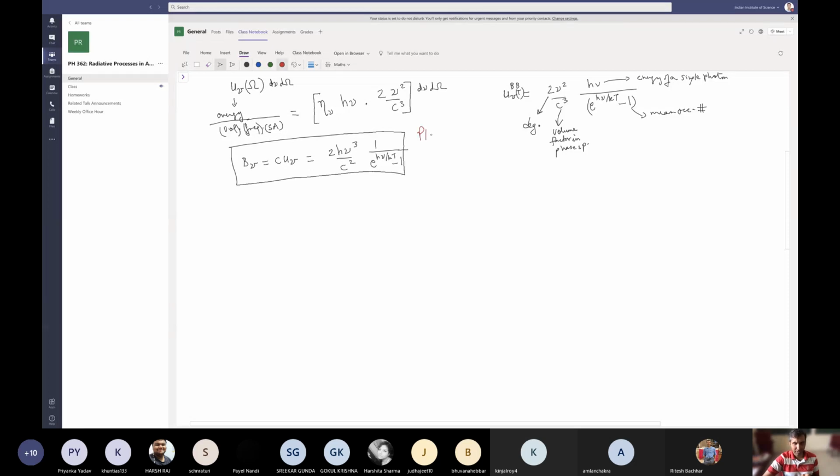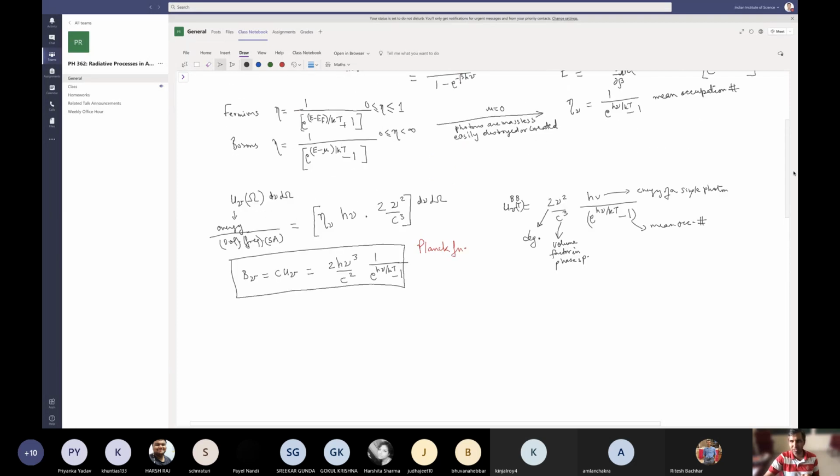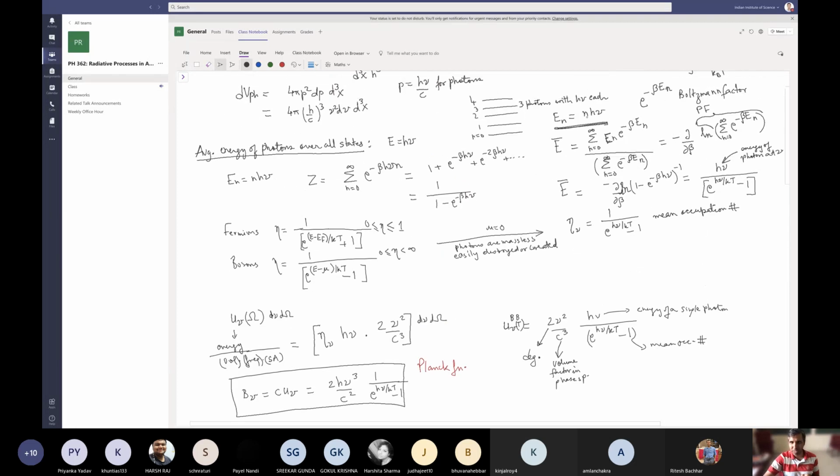This is the Planck function. As you can see in the classic derivation that I showed, it imposes upon us that you have to assume photons have energy h nu, and they are quantized. You have n h nu in each state.